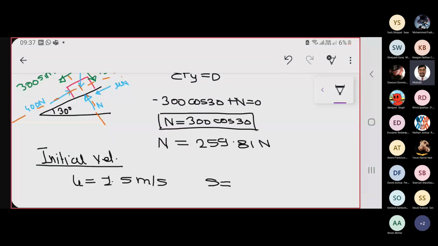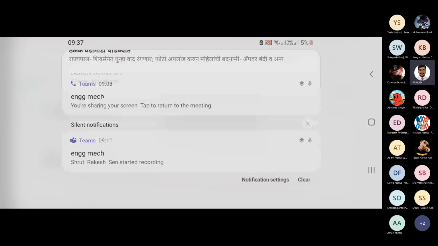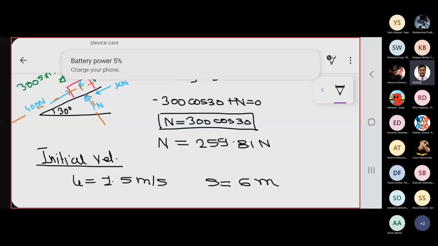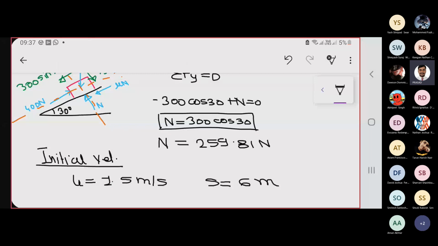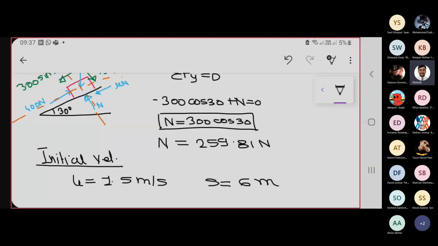Displacement s is given as 6 meters. So initial velocity is 1.5 meter per second, displacement is 6 meters. They're asking you to find out v.